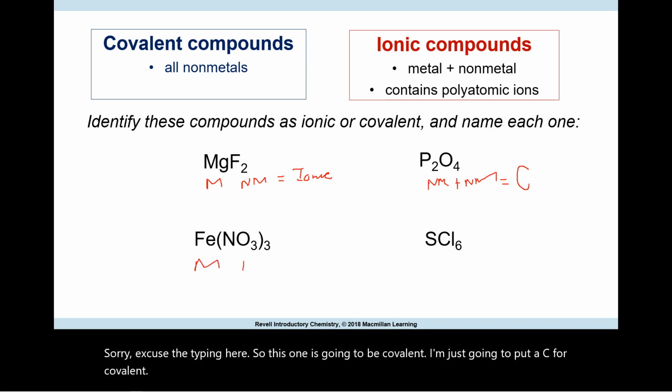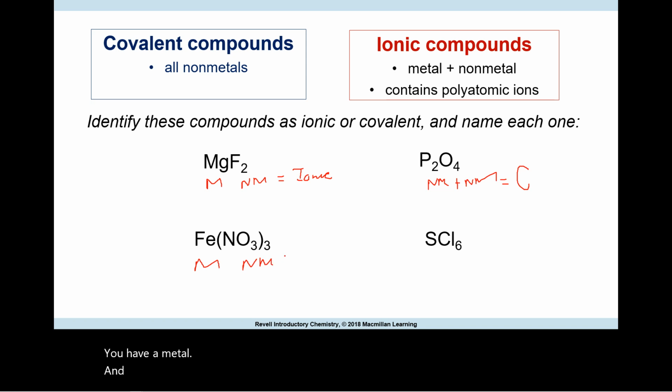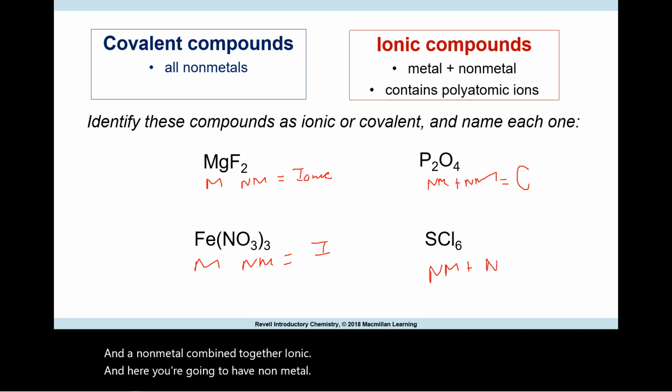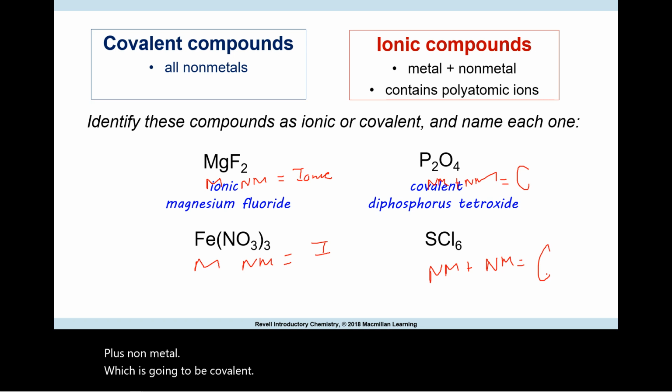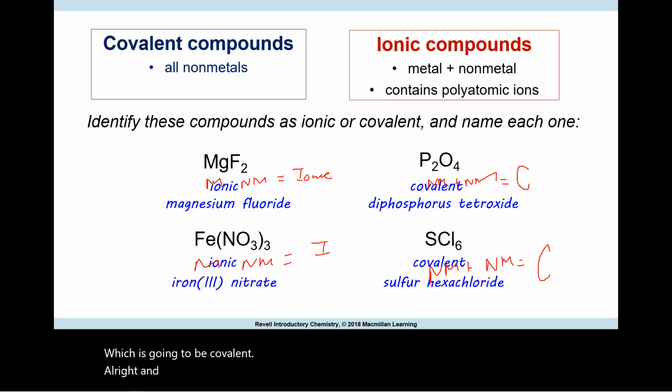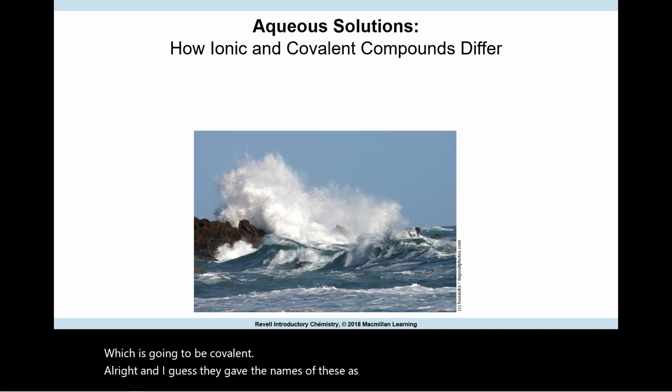You have a metal and a non-metal combined together, ionic. And here you have non-metal plus non-metal, which is covalent. Oh, and I guess they gave the names of these as well. All right, let's see where this leads.